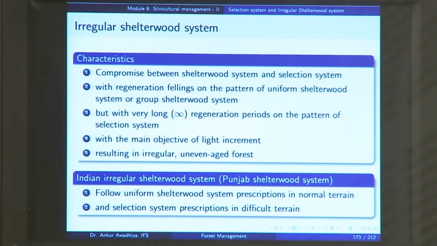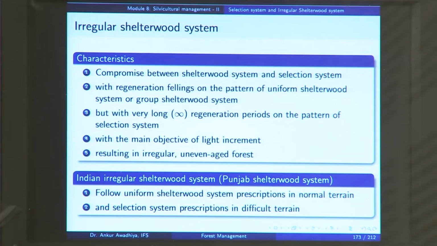Because as you remember, in the case of a selection system, we were visiting each area of the forest every year till infinite number of years for the regeneration. So, this characteristic of the selection system is added to the Shelterwood system to get the irregular Shelterwood system.